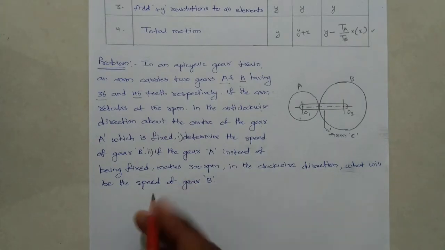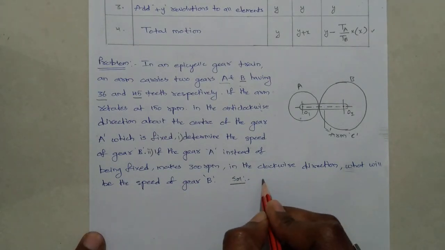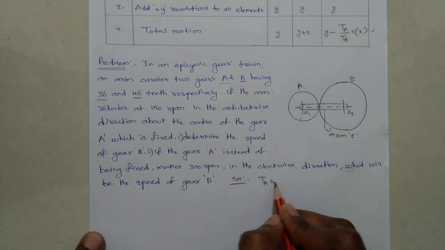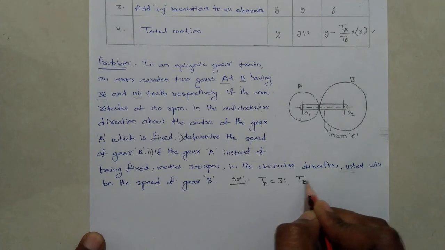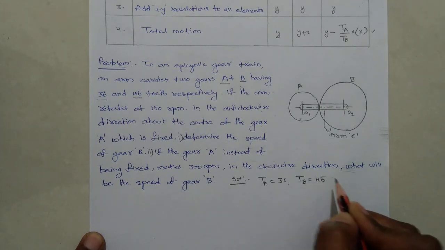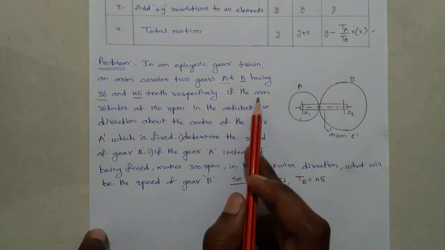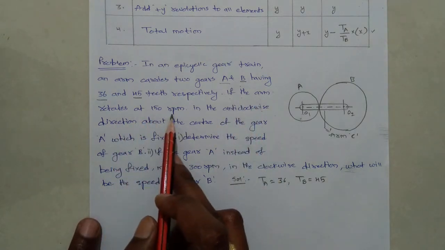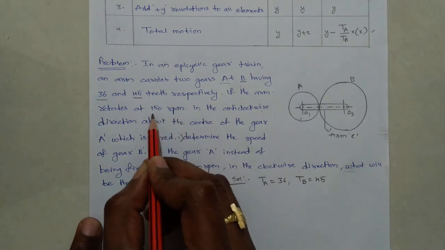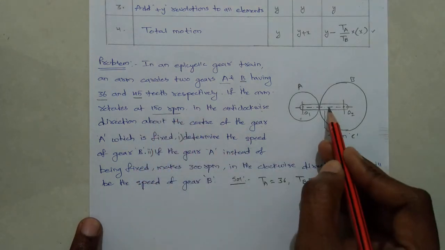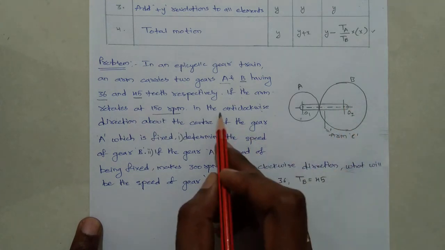So right here, solution I am writing. I am mentioning TA is equal to 36 and TB is equal to 45. Next, if the arm rotates at 150 rpm, here mentioned the arm is rotating with 150 rpm in the anti-clockwise direction.